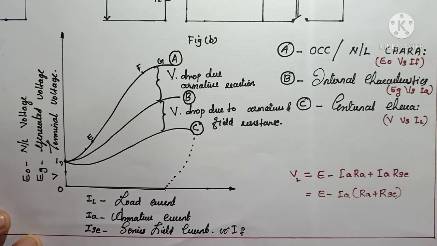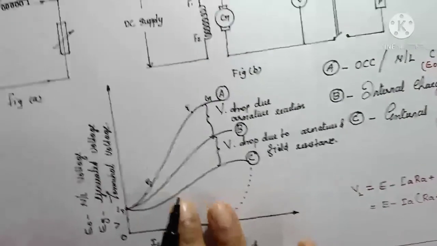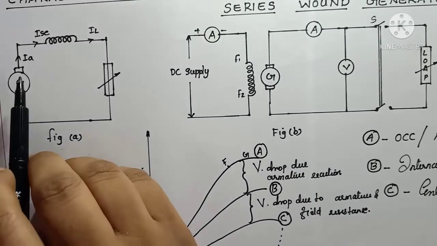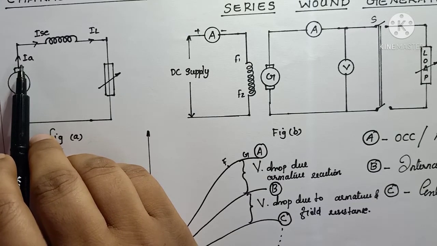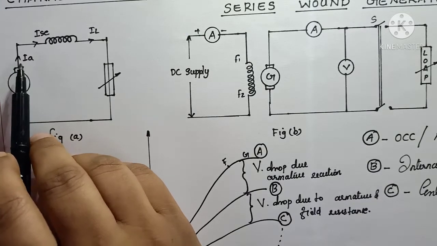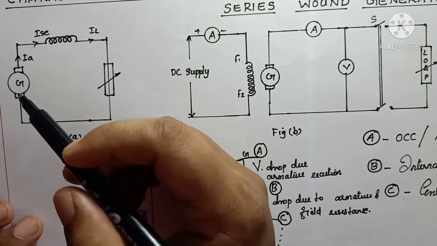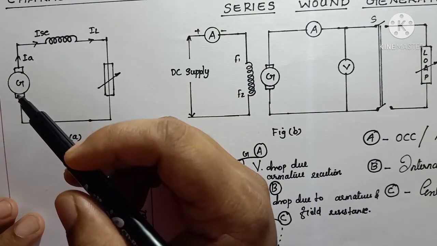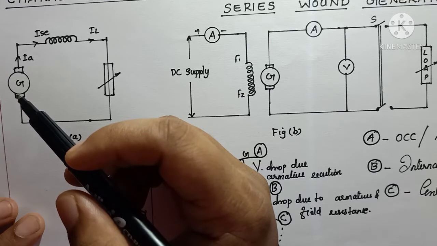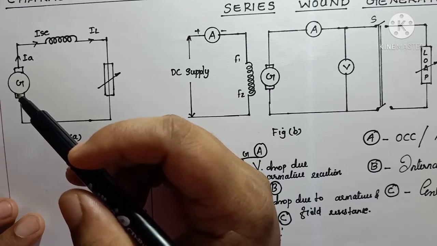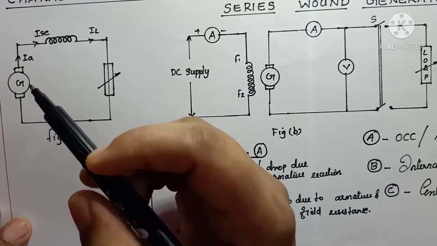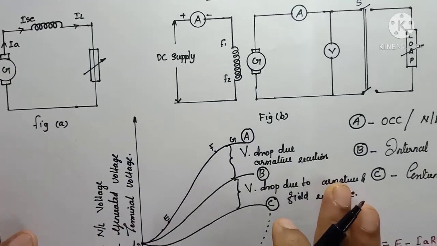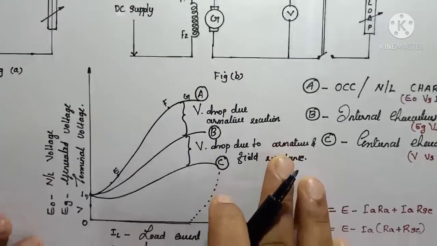Due to the increasing IA, armature reaction will increase. Armature reaction is the effect of armature flux on the main flux. So the main flux will get demagnetized due to the armature current, and the terminal voltage will slightly decrease.